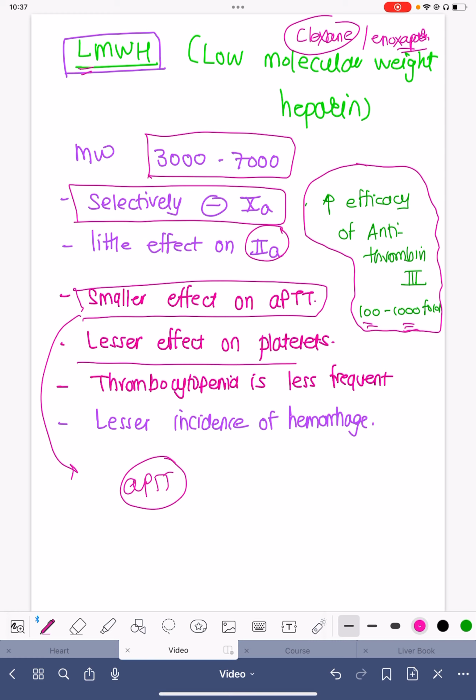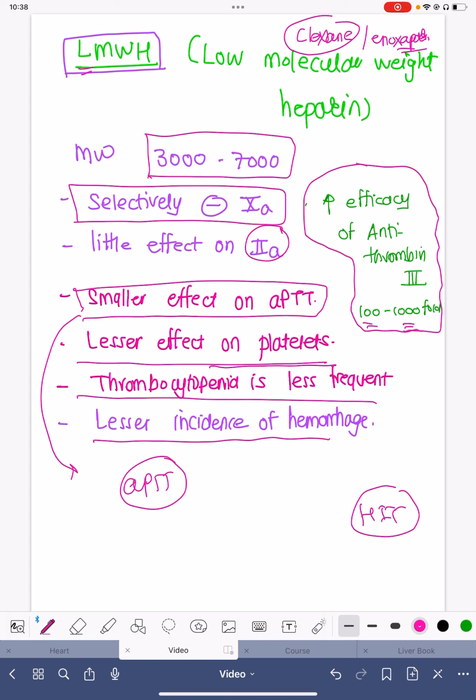It also has very little effect on platelets, so the chances of thrombocytopenia are very low compared to unfractionated heparin, where heparin-induced thrombocytopenia is very common, and they affect platelets at a larger scale compared to low molecular weight heparin or Clexane or enoxaparin. They also have a much lesser incidence of hemorrhage when compared to unfractionated heparin.